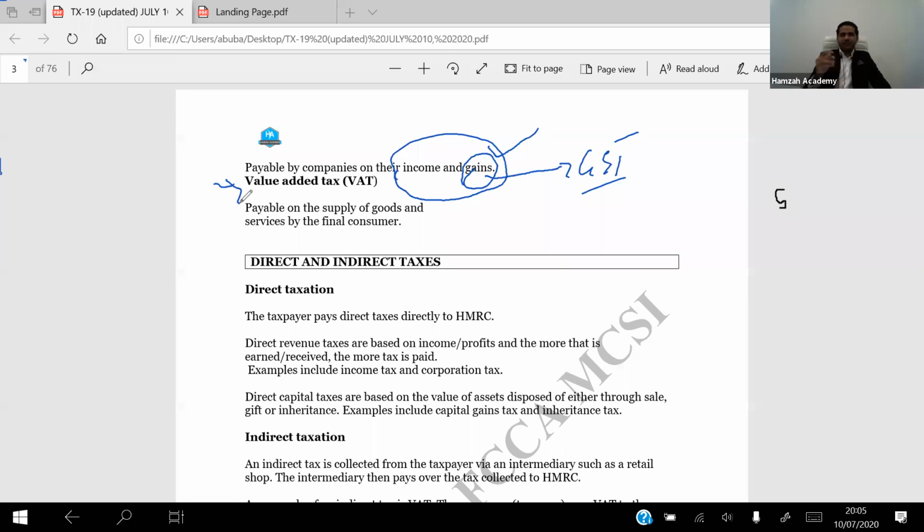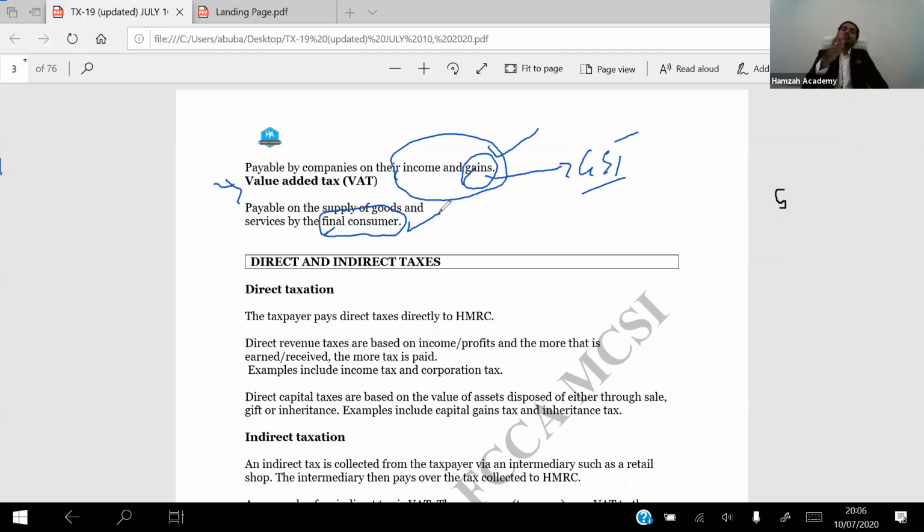Value added tax, I think you guys are familiar with that, because now there's a portion involved in the F3 exam. So for value added tax, there is a definition. I hope it will enlighten your mind a bit. Payable on supply of goods and services by the final consumer. Of course, final consumer. Why final consumer?